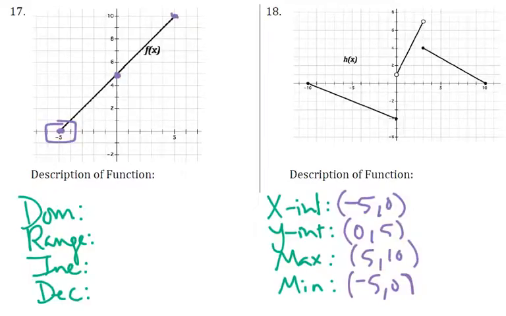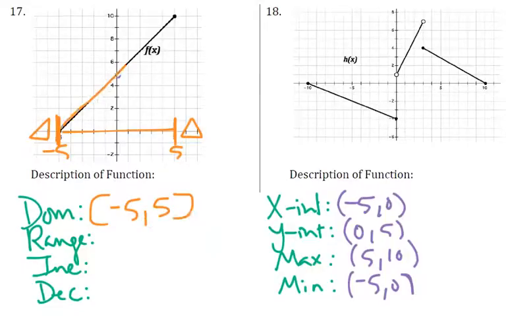Okay, now the domain. Well, we start here. Imagine that this is a bookshelf. This is where we'd put our bookend, and this is where we'd put our other bookend. So our domain of our graph goes from negative 5 to positive 5.